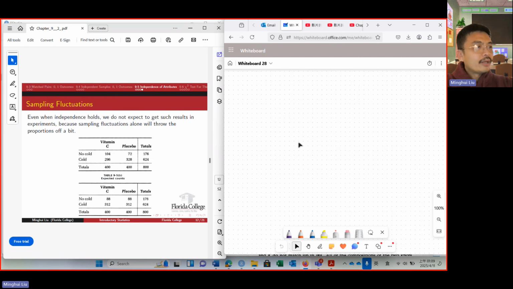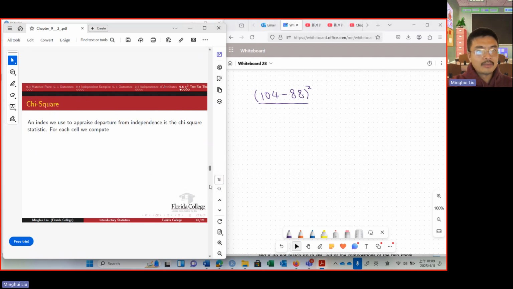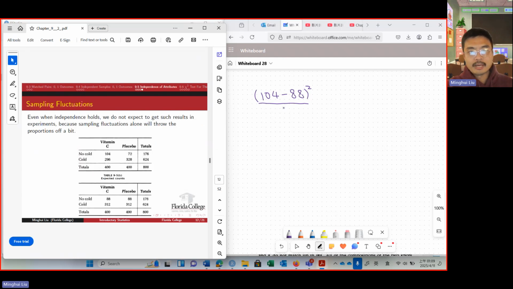Okay, cool. So now let's consider the difference between these two tables. First of all, we use the first cell, which is 104 minus 88. This is what we observe minus what we expect, and we square the difference. Now we divide by what we expect, assuming independence, so we divide by 88. So this is the first cell.